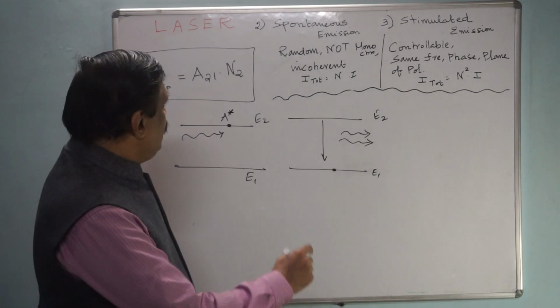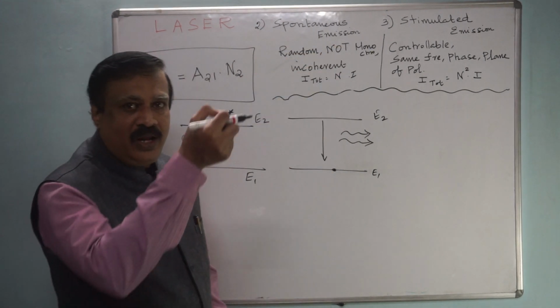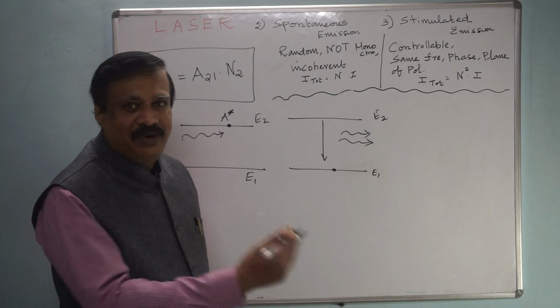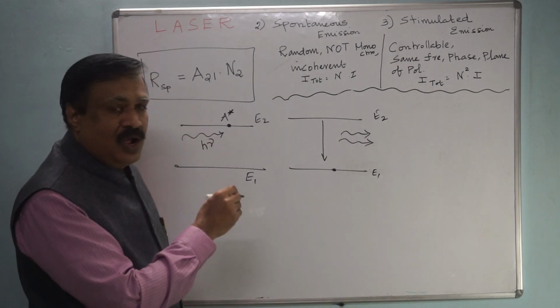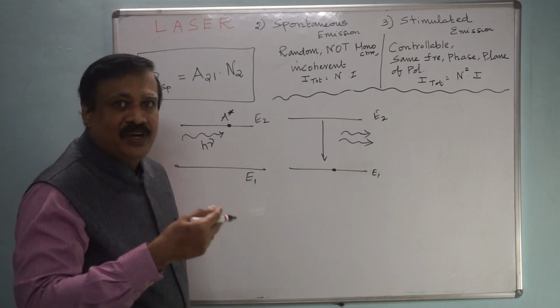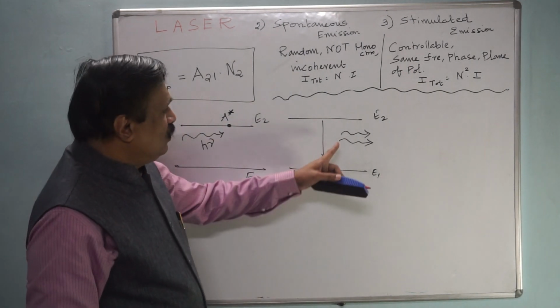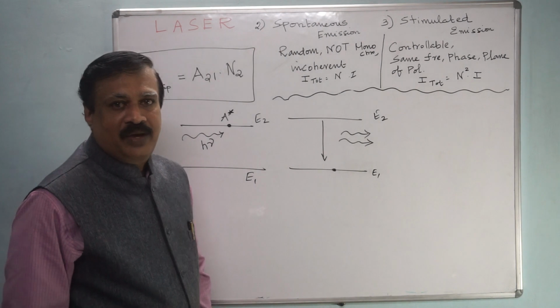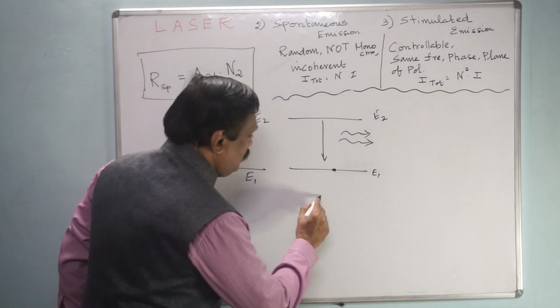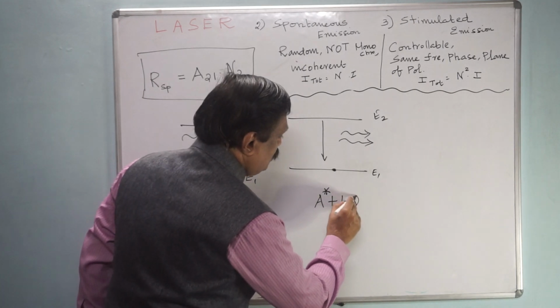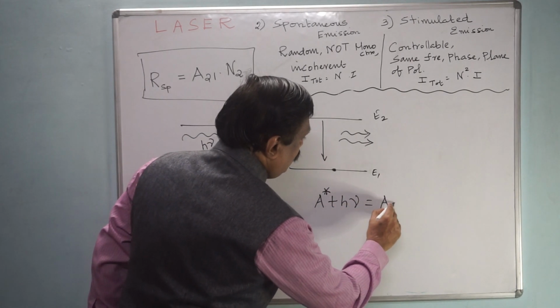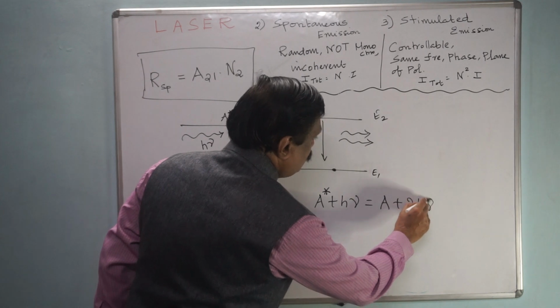Earlier in spontaneous emission, only one energy h nu was emitted. Now here you are giving one h nu, and in addition it has its own h nu. Therefore 2 h nu are coming. Okay. Now we can write this: atom plus h nu gives atom plus 2 h nu.